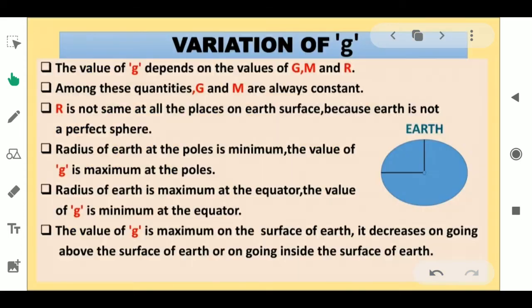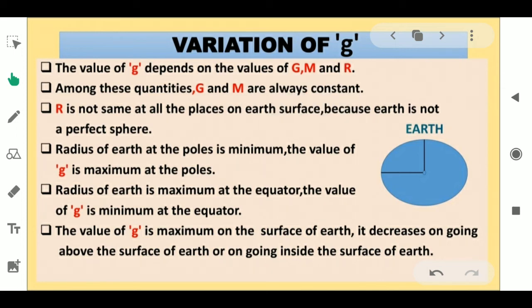Yes. Next one, variation of g, which means what? The value of g depends on the values of universal gravitational constant, mass of the earth and radius of the earth. Among these quantities, G and M are always constant. Clear?